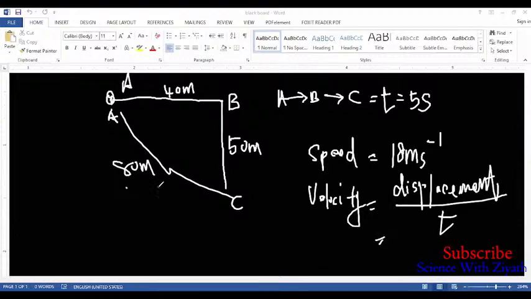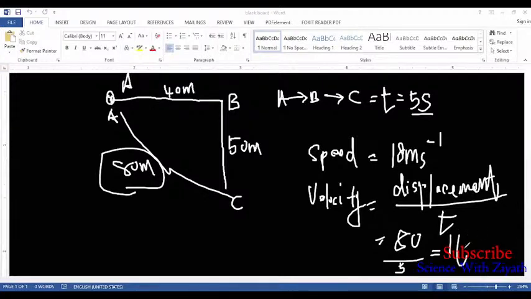Here displacement how much? 80. Over time how much? 5. 80 over 5 is 16 ms minus 1. Look at the difference between speed and velocity.